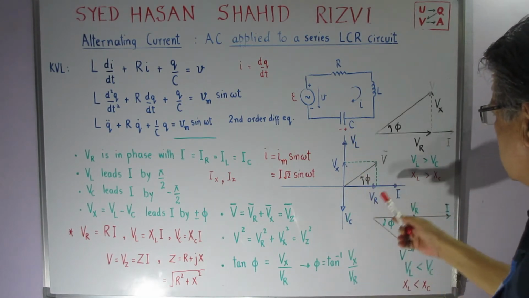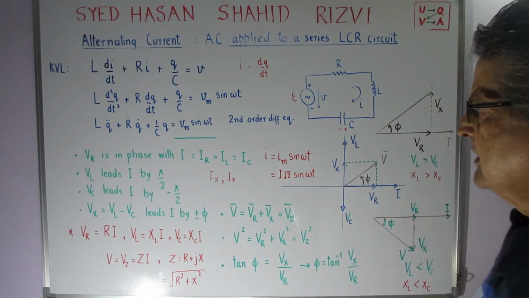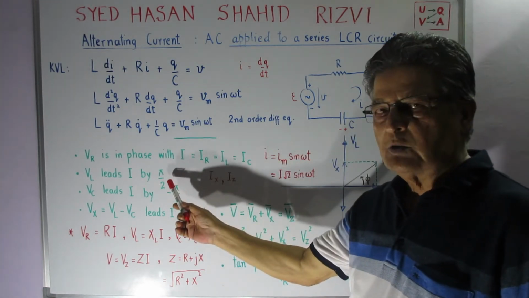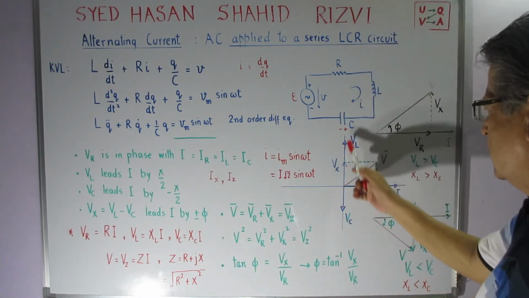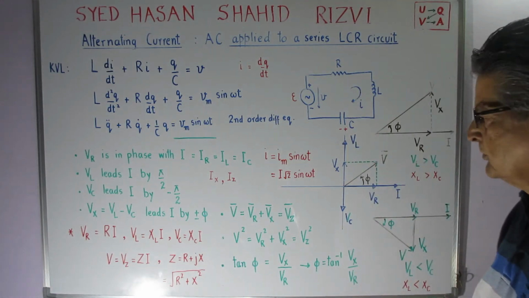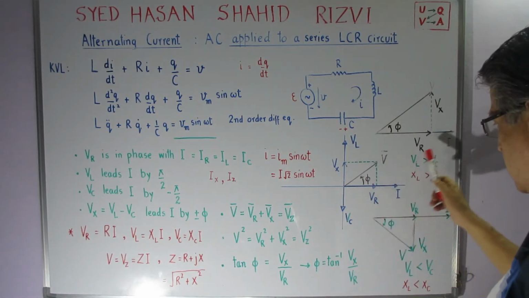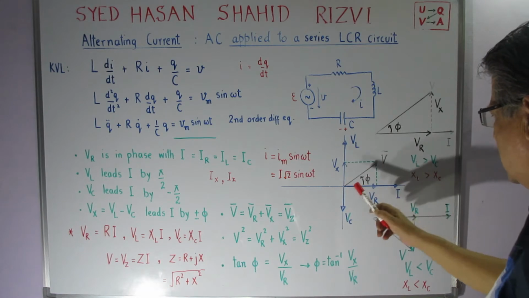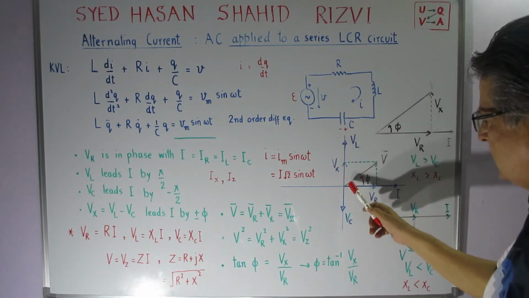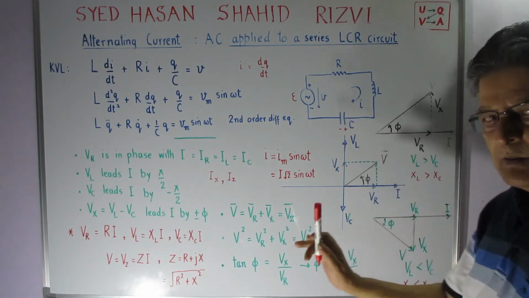VL leads the current I by pi by 2 radians. So this is along the y-axis I have shown. I am not taking an angle for VR and VL and then like this and then like this. I am not doing that.